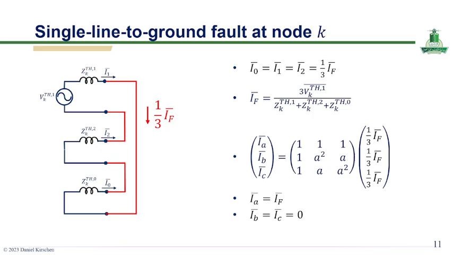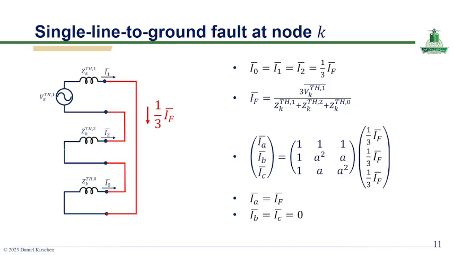The total fault current is therefore determined by the sum of the sequence impedances seen from node K, resulting in the expression of IF. So you can see here IF by these equations. By applying the inverse symmetrical component transformation, we obtain the phase currents.